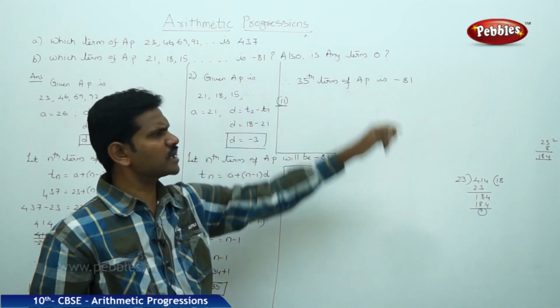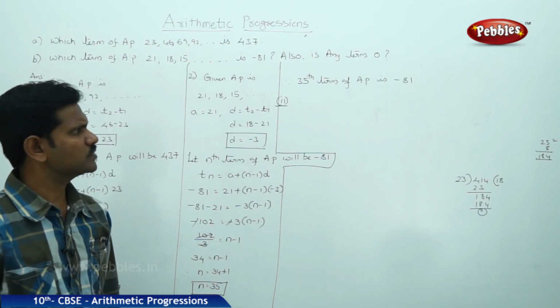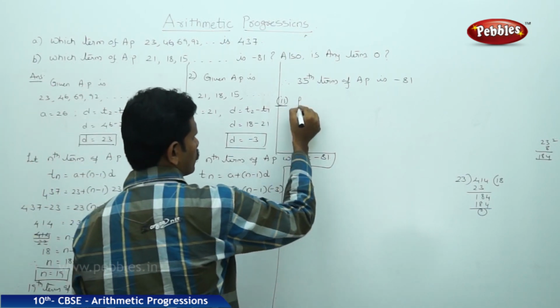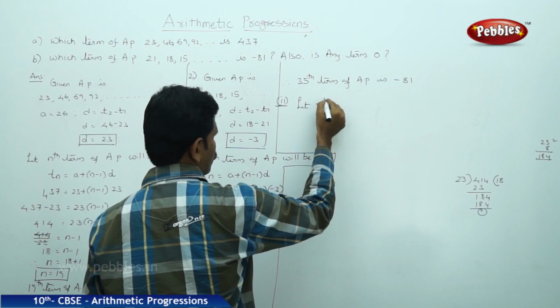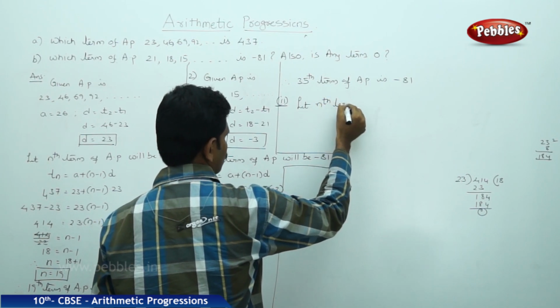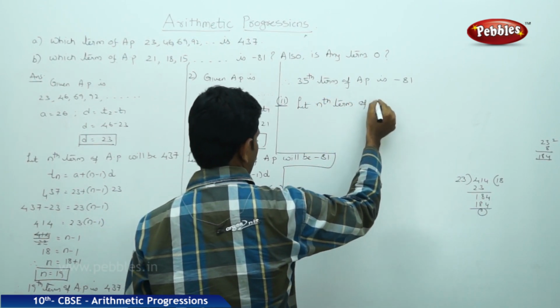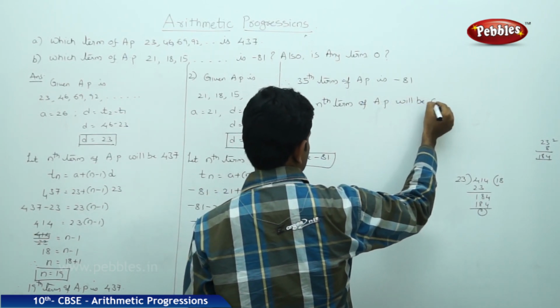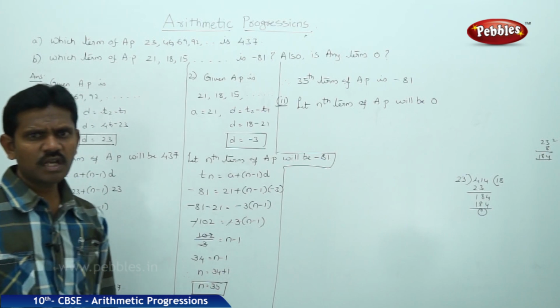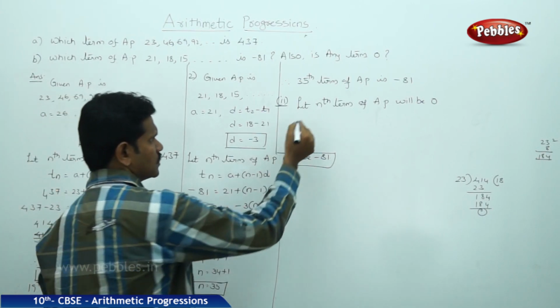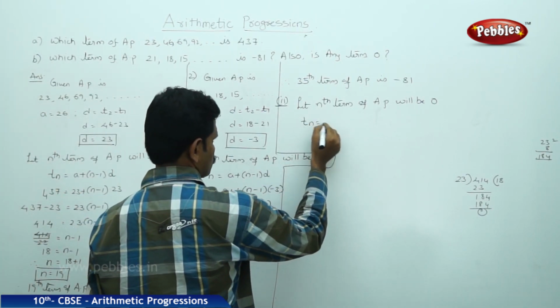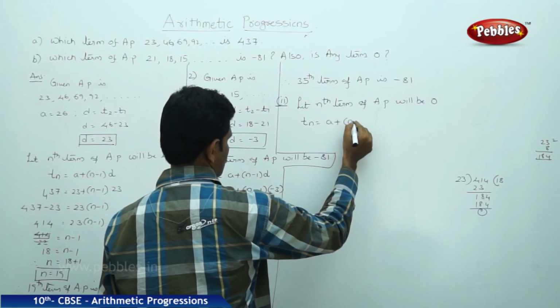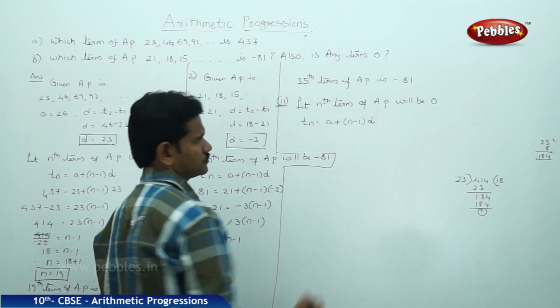Also, is any term 0? Actually we don't know. Let the nth term of the AP be 0. That is Tn is equal to a plus (n minus 1) into d.